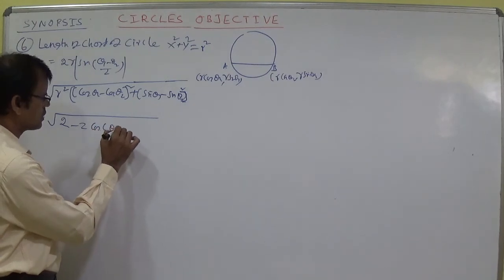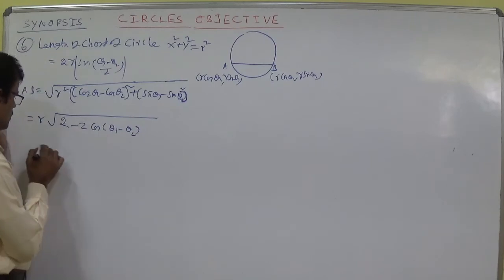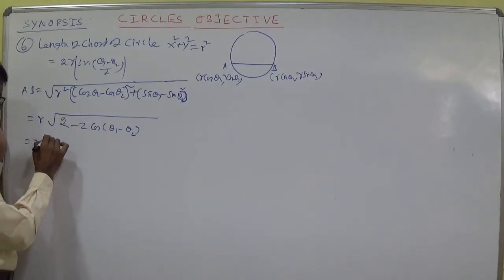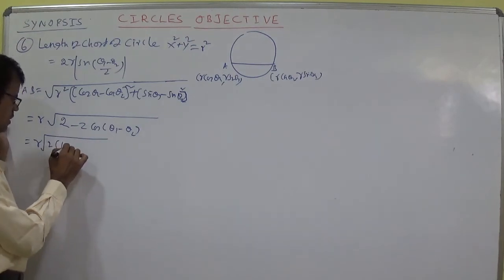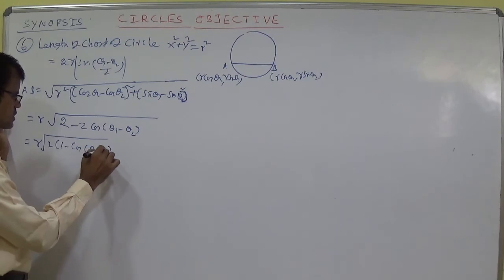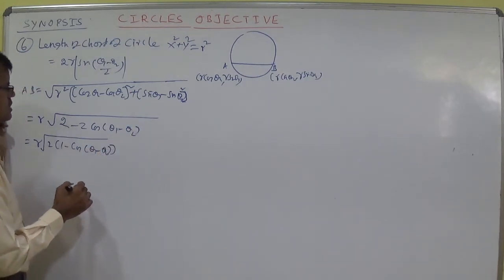So cos of (theta 1 minus theta 2). That is equal to r into root of 2 taken common, 1 minus cos of (theta 1 minus theta 2).